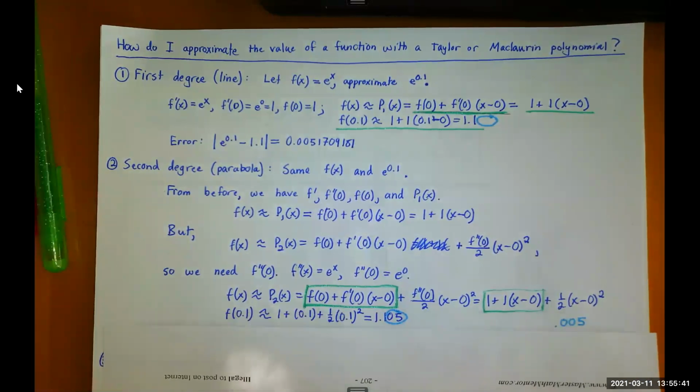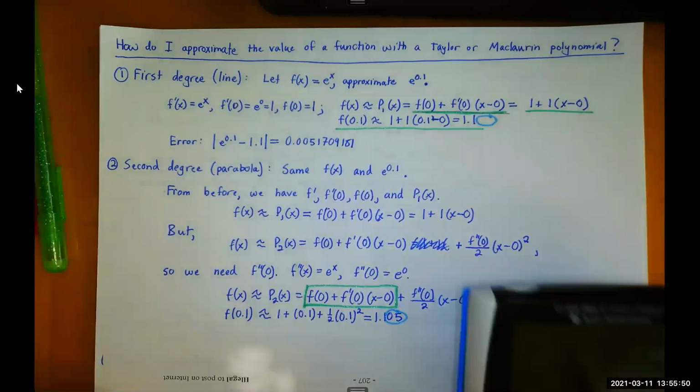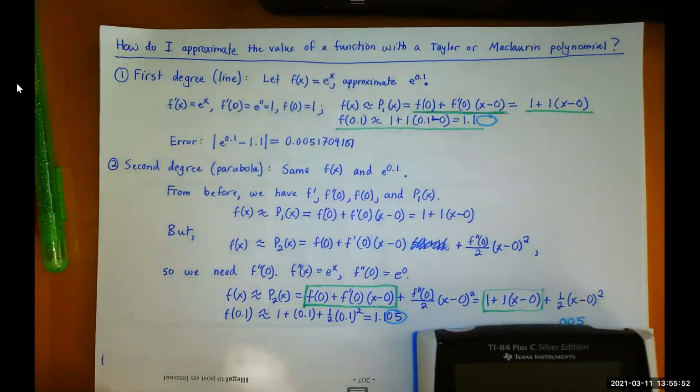When we approximate at 0.1 this time, we get 1.105. So we have the tangent line approximation, right? Remember this, the 1.1, which we got from before.